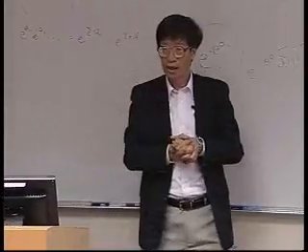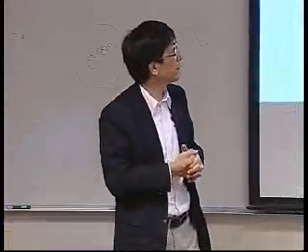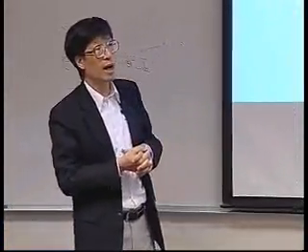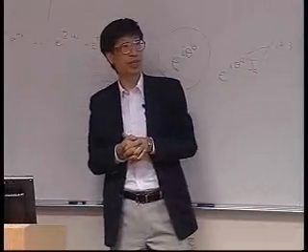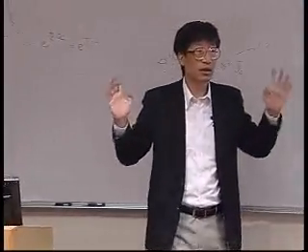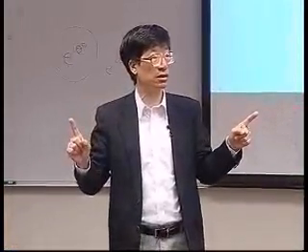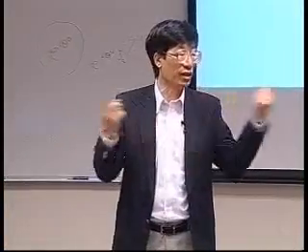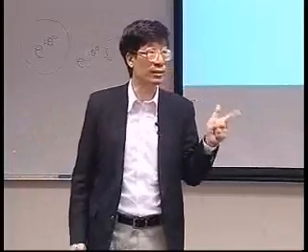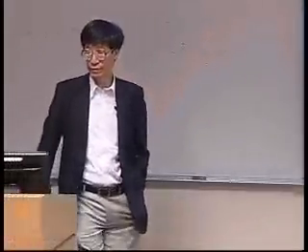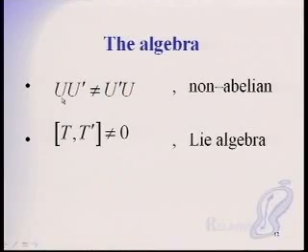Now, in the final 15 minutes or so, I will introduce the algebra. Because up to now, I have not talked about the commutation among the T's. I've told you the T's are Hermitian and the trace is 0, but I have not talked about the commutator. Now I talk about the commutator. In general, the U's do not commute.